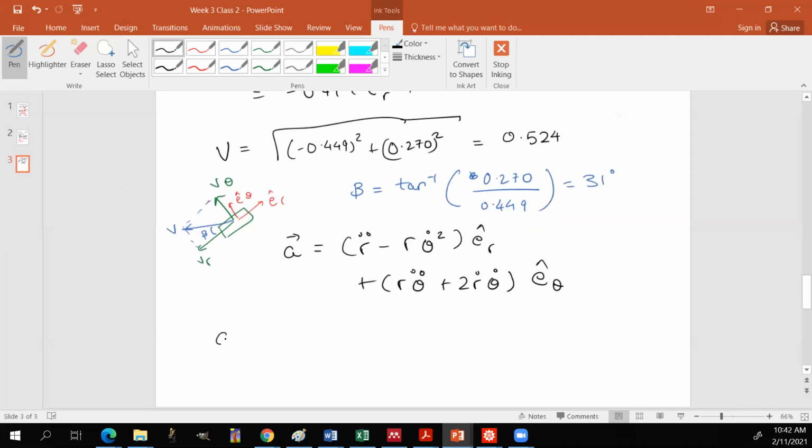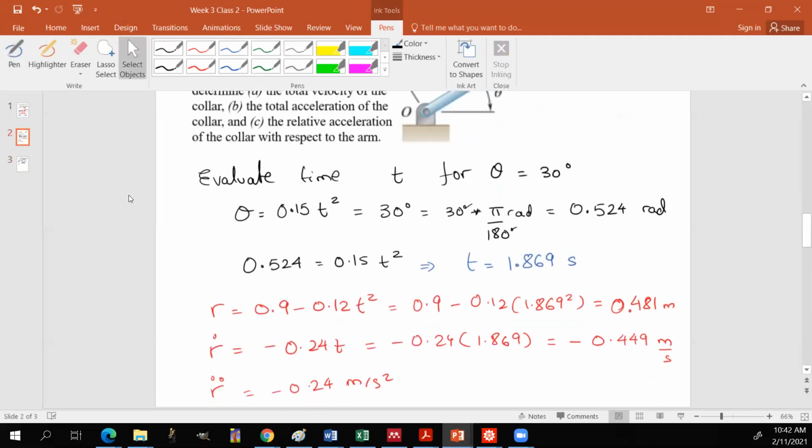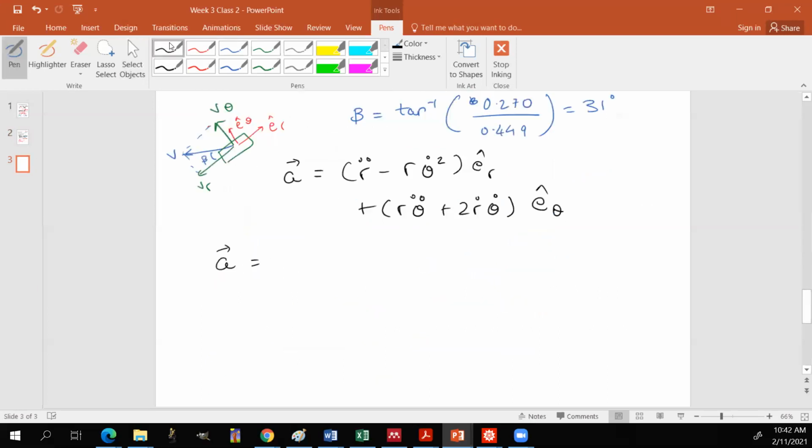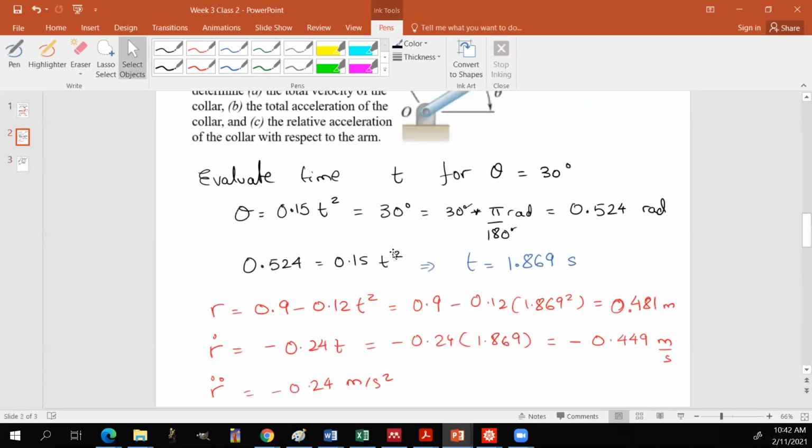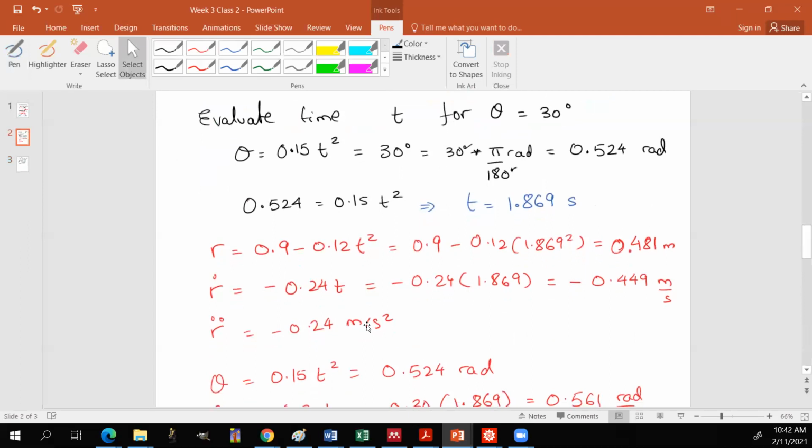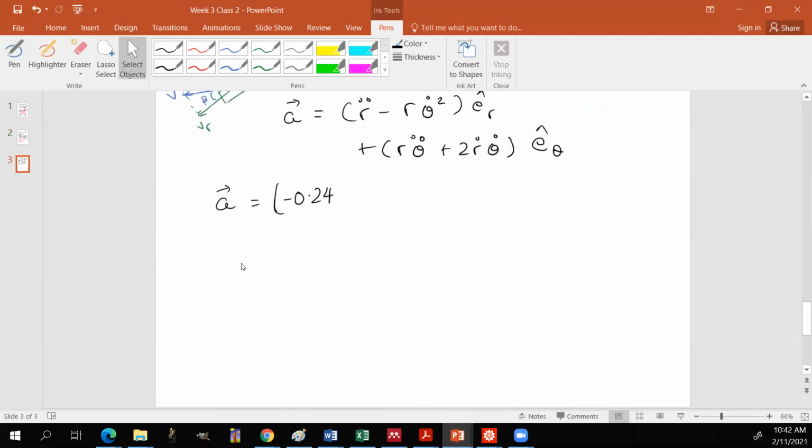So the acceleration is equal to r double dot, which was minus 0.24. Units are all good, meters per second squared. And then you have minus r theta dot squared.